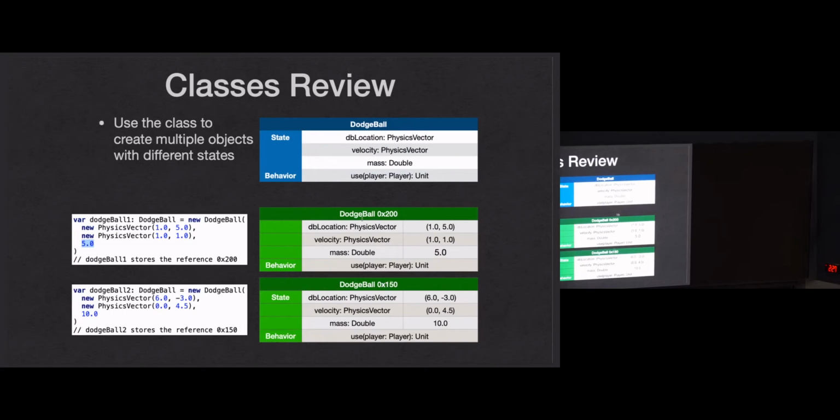And those objects each have their own copies of all of the state variables, which can be different across the two. It wouldn't make sense for every dodgeball to have to be in the same location in my game. I want different dodgeballs at different locations, so we create a class, create objects using that class, and now I have multiple objects on the heap with their own copies of their state variables that can vary independently.